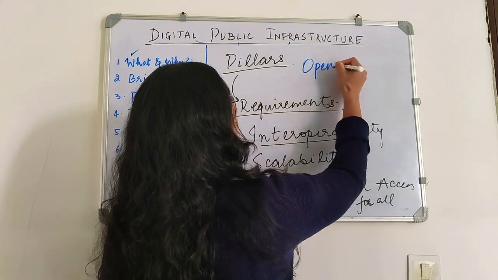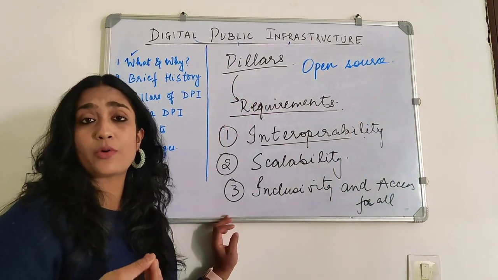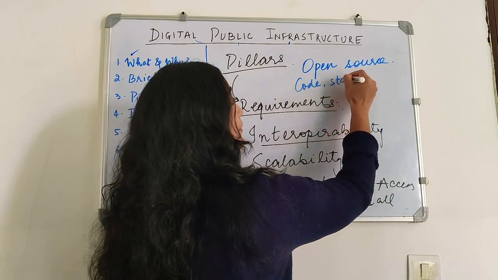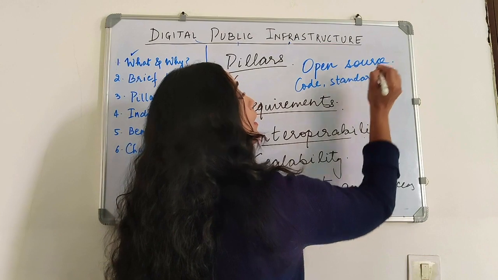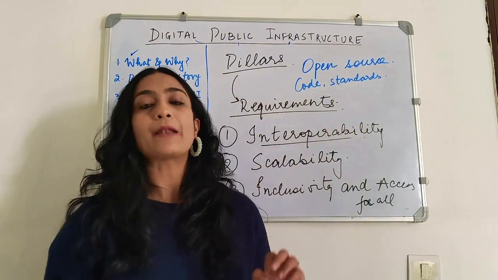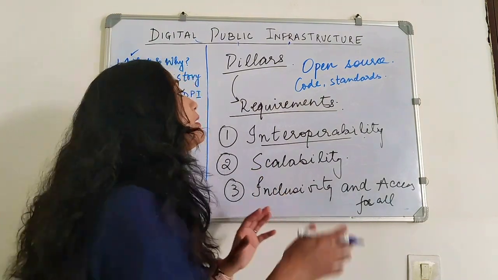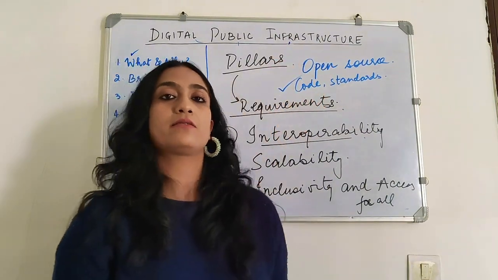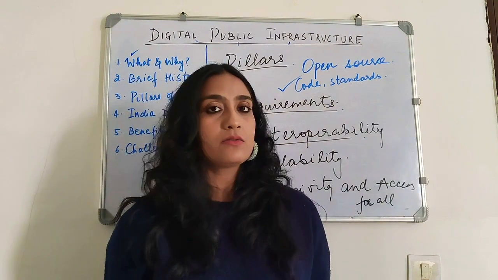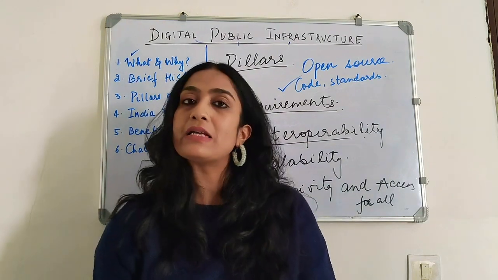So in the digital language, open source means whatever digital products, their code and their standards and any other working requirement, these are openly available. That means anyone who wants to use it, who wants to build upon it, they can use the existing system. Mind you, this doesn't mean that the data is open source. The data that is stored, that is not open source. But for example, the blueprint of the building is open source.